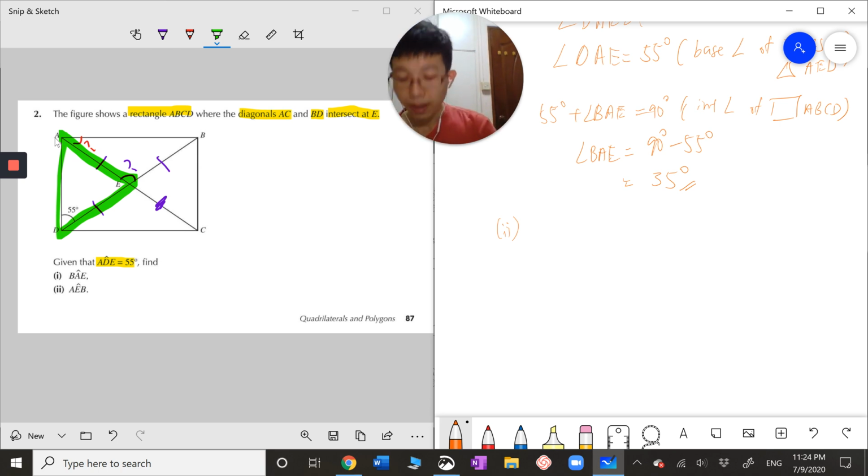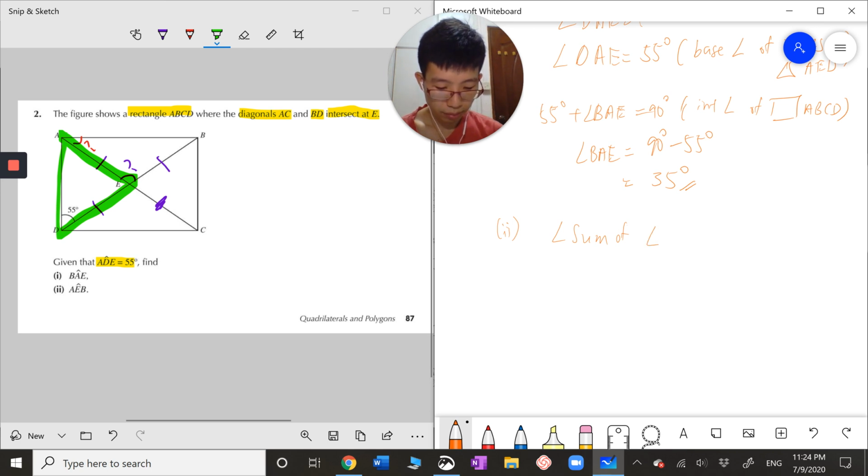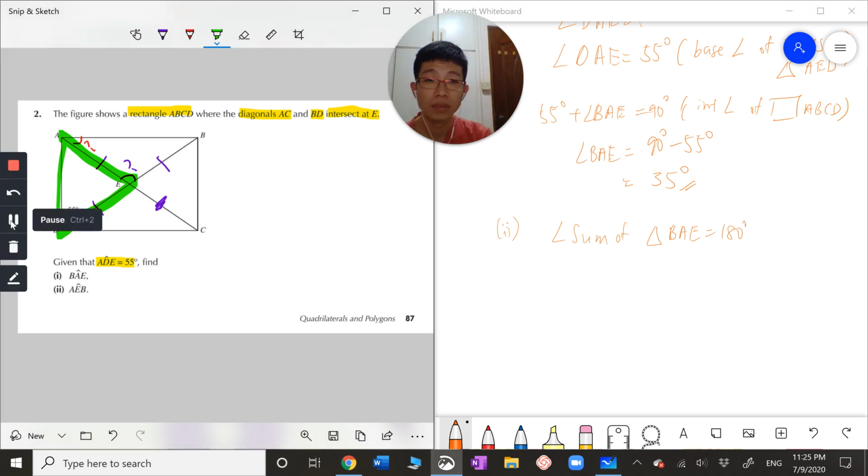So in order to use the sum of angles of a triangle BAE equals 180 degrees, we need to make use of this property.